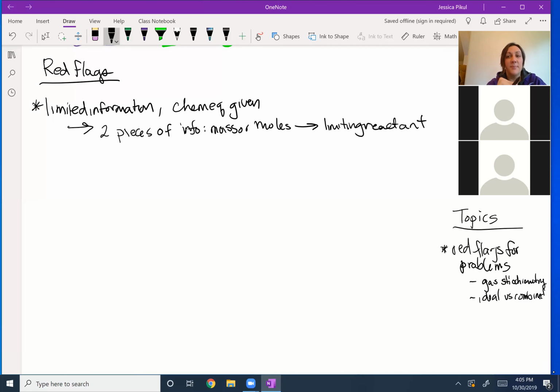The big thing, especially with gas stoichiometry or solution stoichiometry, because both are possible on this exam, is whenever you're given information about one or two molecules, and then you're asked to find something about a molecule you have no information for. That's the big sign you have to use stoichiometry.